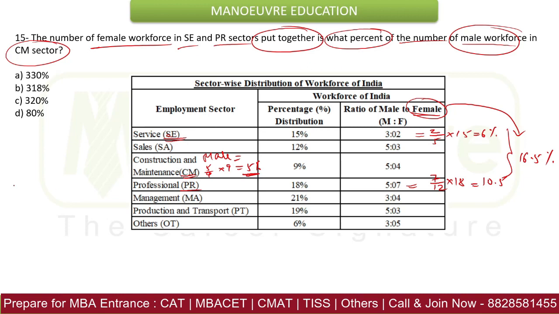So here the percentage is asked, so you have to find 16.5% with respect to 5% into 100, so that will be 165 into 2, which is 330%. So option A will be the answer here.